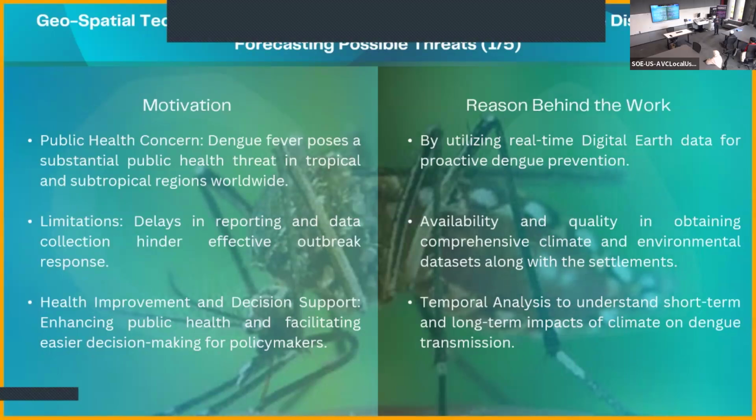So the only possible way was to predict this disease through these types of technologies. So for this, we took different types of data from different satellites.